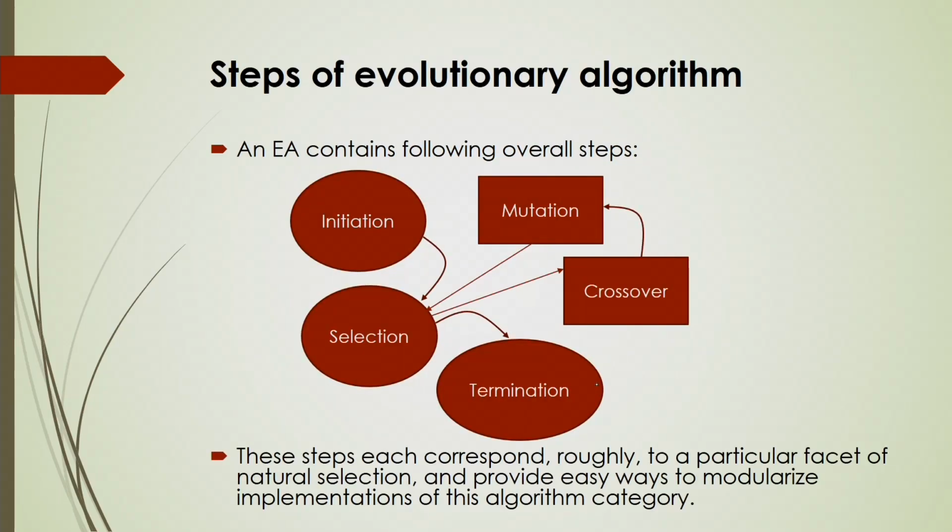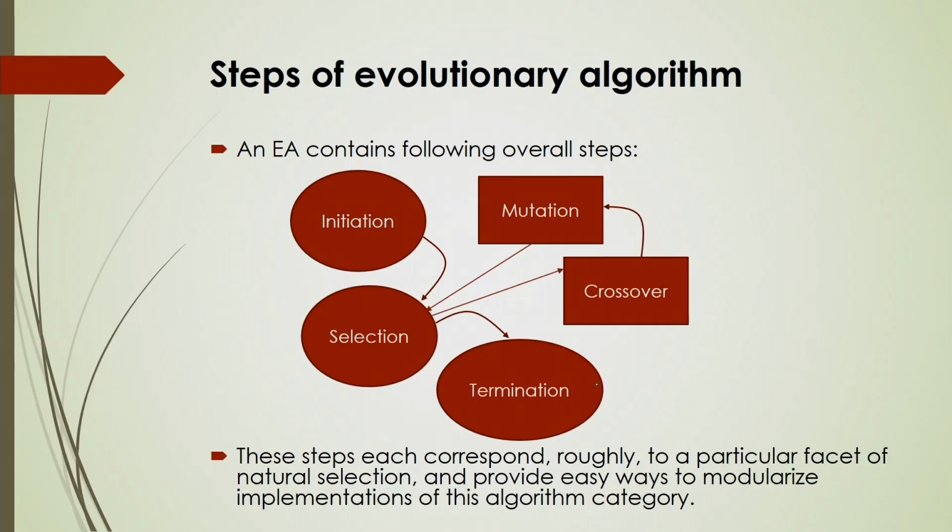What are the steps of evolutionary algorithms? You will see that an evolutionary algorithm contains the following steps: initiation, then selection, based on mutation and crossover, because some mutation depends on the crossover, and once the mutation is obtained, how it can be selected is also important.